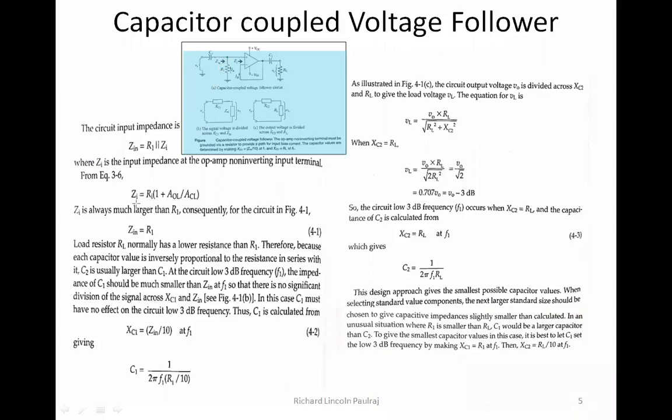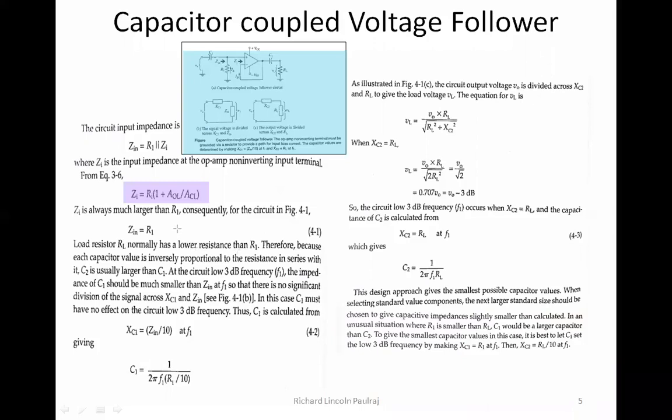We have derived previously that the input impedance is Zi equal to Ri into (1 plus AOL by ACL). Again, you will have to remember this formula, so it's better that you make note of it.